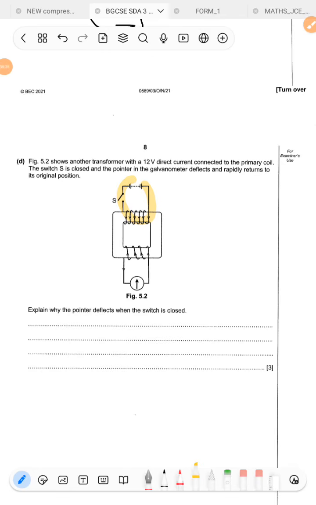So here we can just say that when the switch is closed, the circuit is complete. That's the first part. Maybe let's write that down.